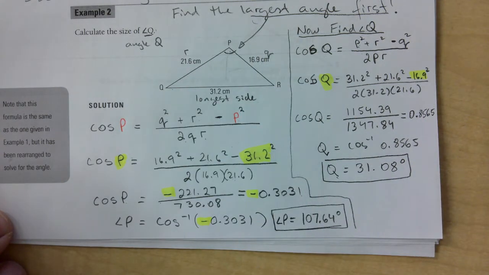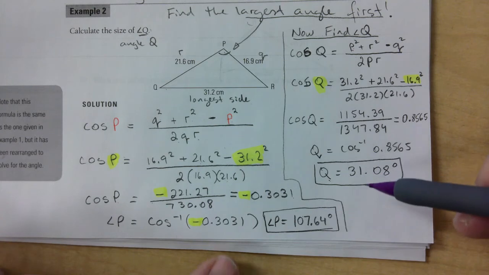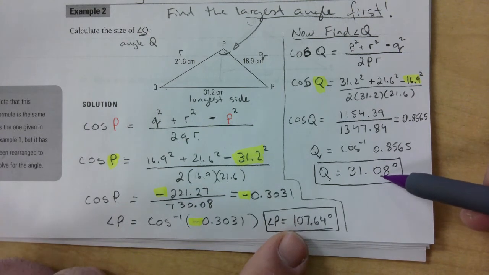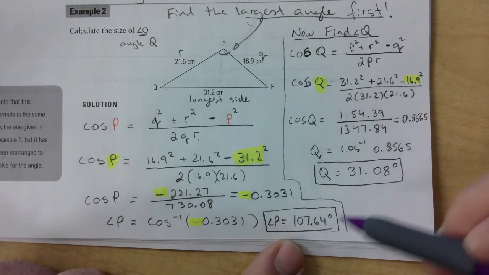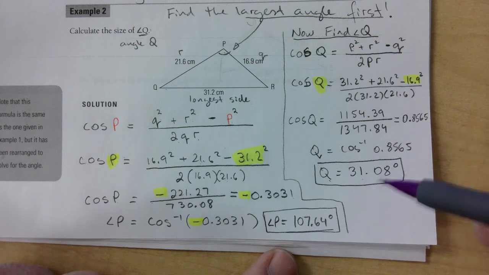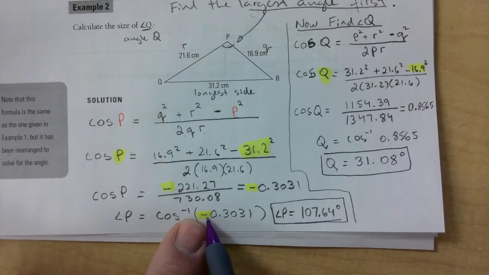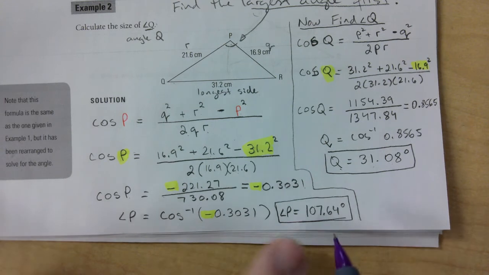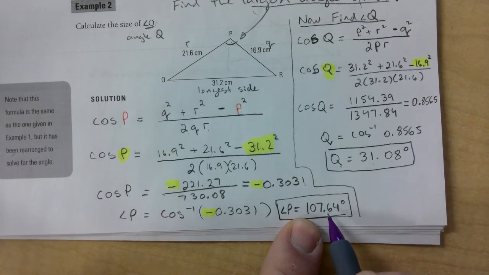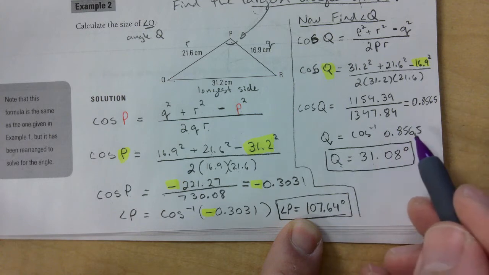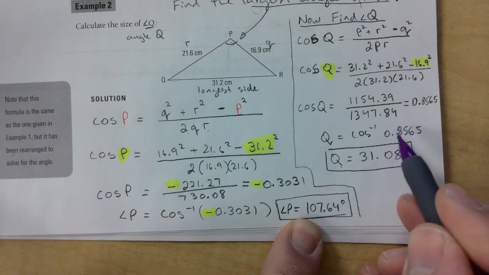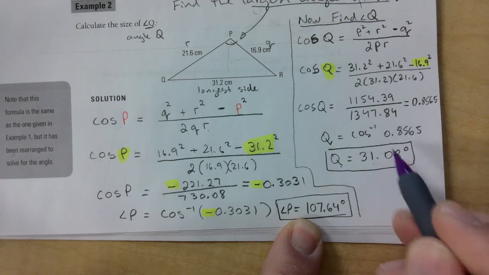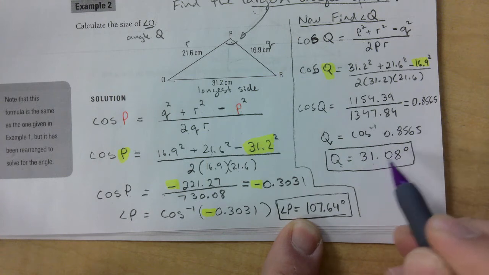I'm not going to do that. It's going to get too crowded here. So what have you noticed? I want you to notice this. If there's a negative in front of your decimal, your angle is going to be obtuse. It's going to be bigger than 90. If that decimal you get is positive, it's going to be less than 90. Your angle is going to be less than 90.